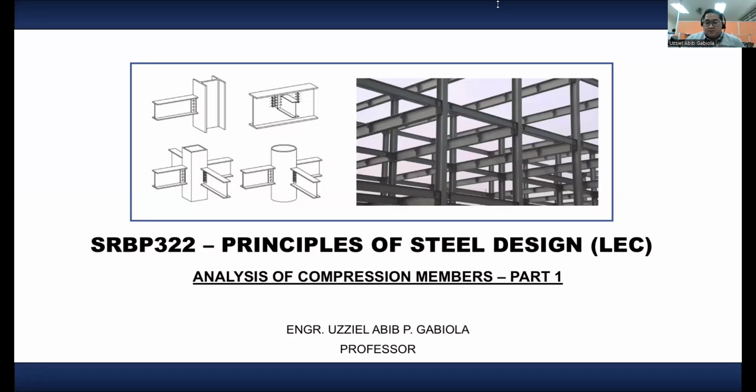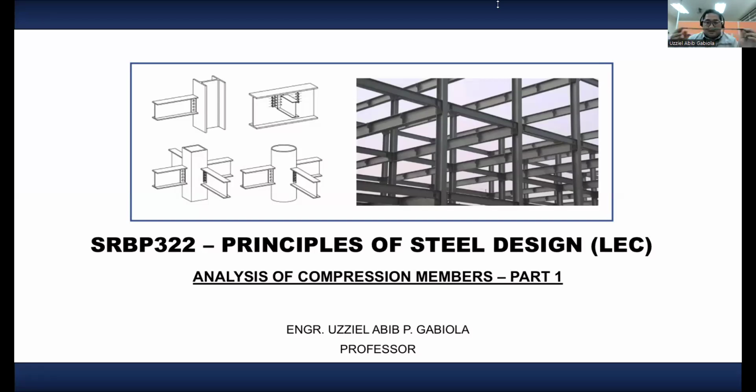And for this afternoon, we will be starting with a new topic, considering compression members naman. So when we talk about compression members, we are particularly pertaining to columns para dun sa ano natin sa structural steel natin. So si columns parang katulad lang din siya ng beam, yung behavior niya, nagkakameron din siya ng deflection, 'di ba?